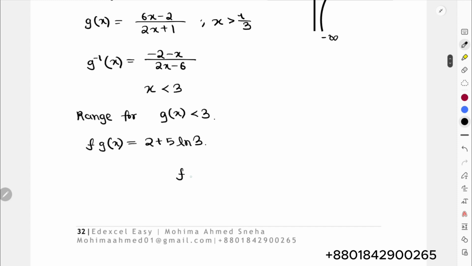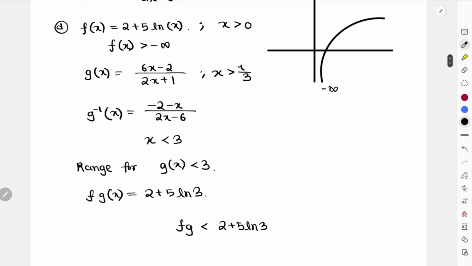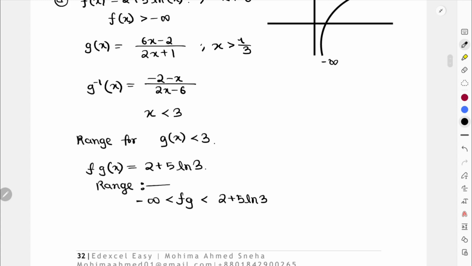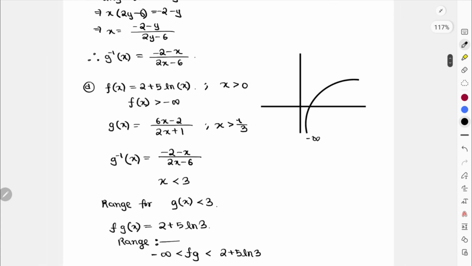So now you can write the range of fg(x), which is going to be less than, as g(x) was less than 3, so fg will also be less than this expression, 2 plus 5 ln 3, and as f(x) was greater than minus infinity, so fg will be greater than minus infinity. So this is your range for this equation, right? So this is the solution for your part D.